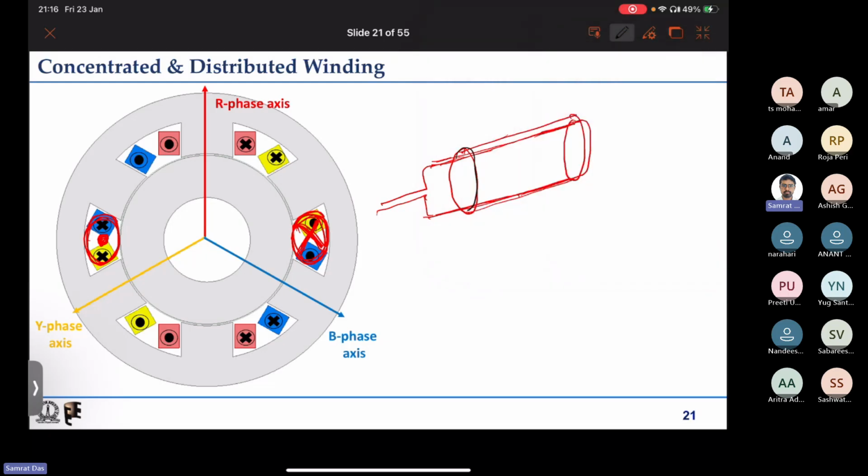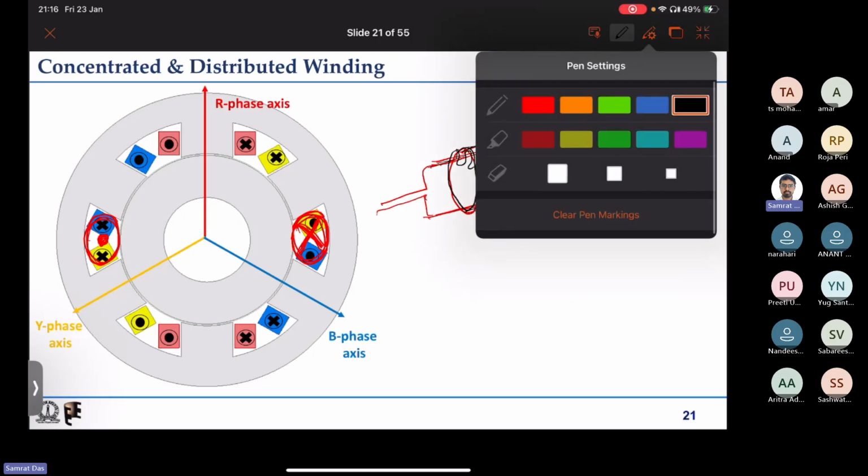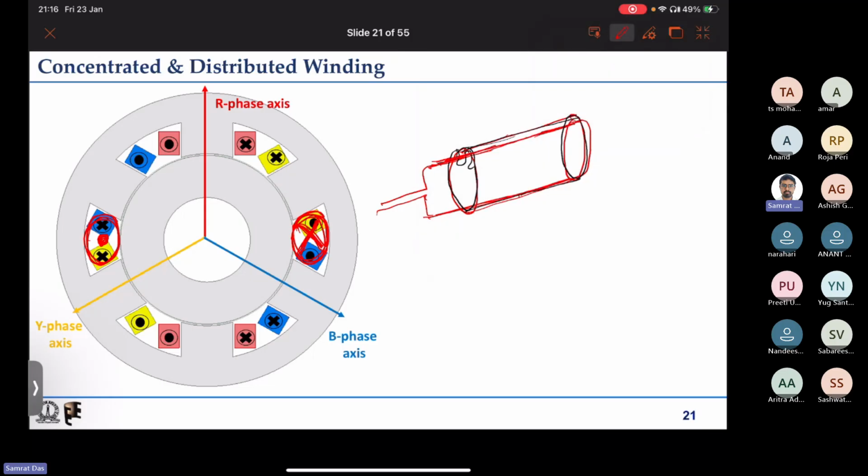So this is the stator, or whatever, the cylindrical magnetic part. There are many slots on that, and through one slot I am putting one side of the coil. It goes all along in the axial direction, and comes out and goes to the diametrically opposite slot and comes out from that slot like this.